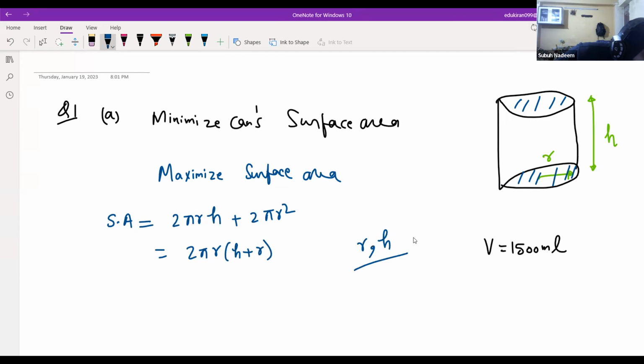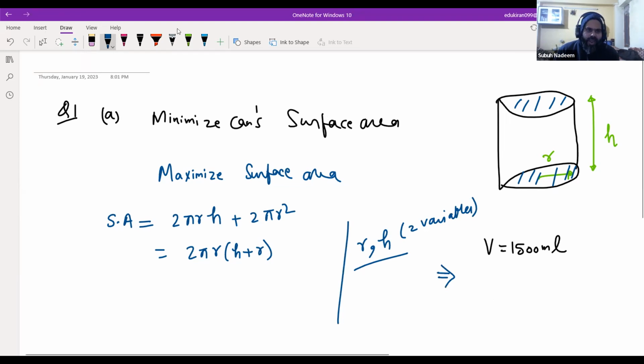From step 3, use these equations to write the quantity to be maximized or minimized as a function of one variable. So what they are saying is that there are two variables here. Can you find a relation between these two variables? Since it is given that the volume is 1500 milliliter and volume of a cylinder is pi R square H, you can say this is 1500 milliliter.